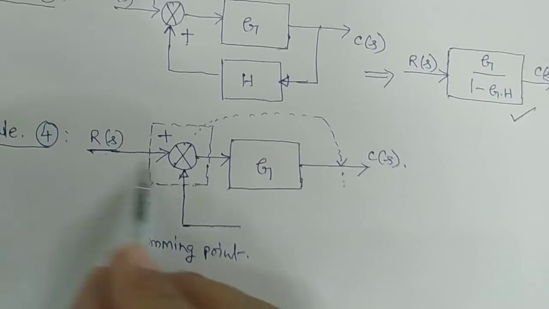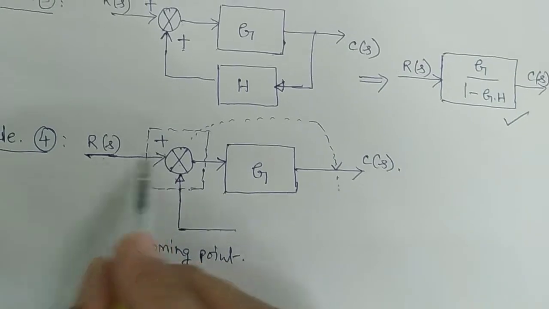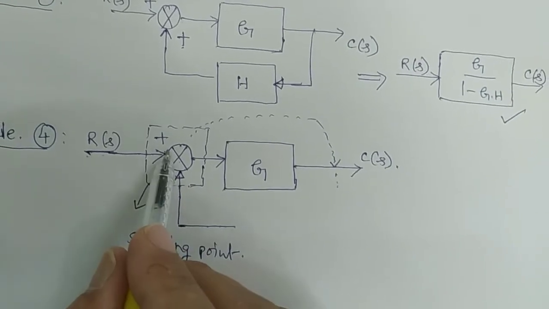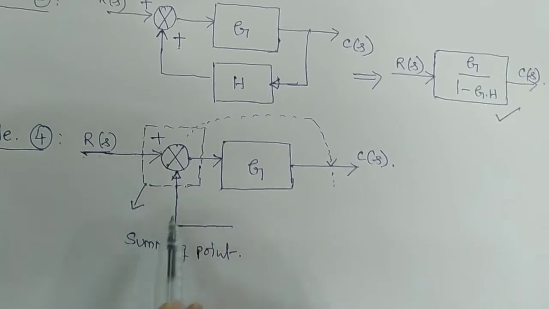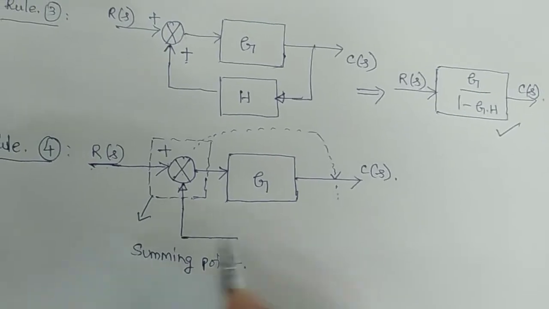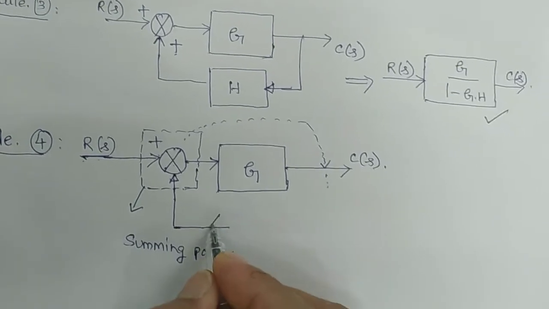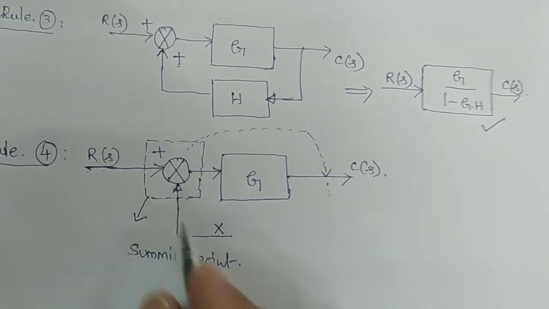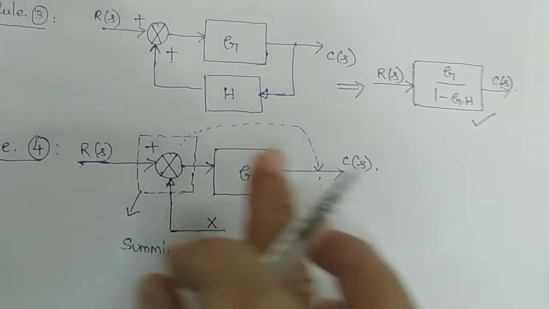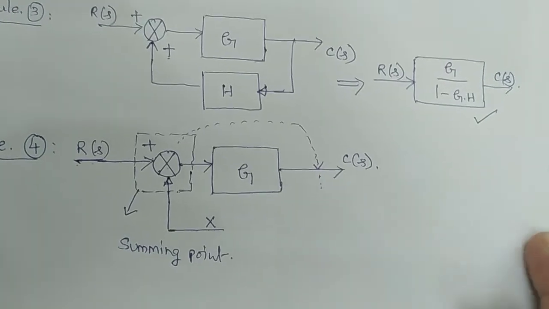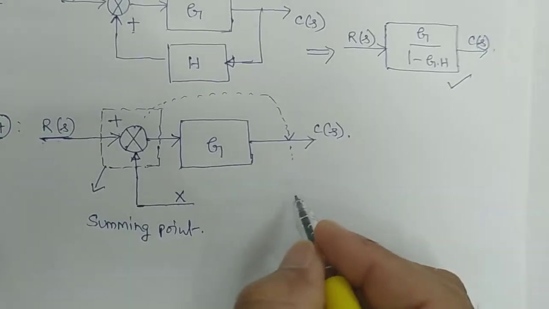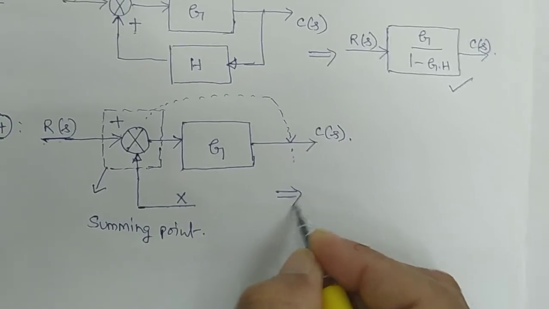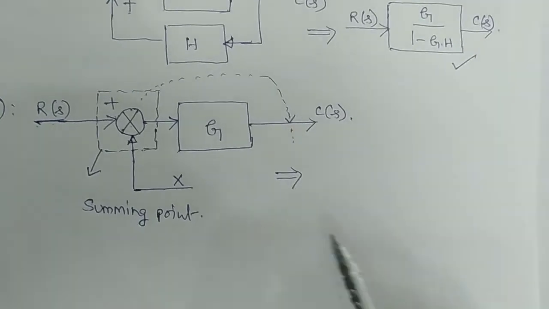Here there are 2 signals: R of S is always there, and this is some other signal, some X or whatever. Then I want to shift it to after the block. See carefully, this is the rule.